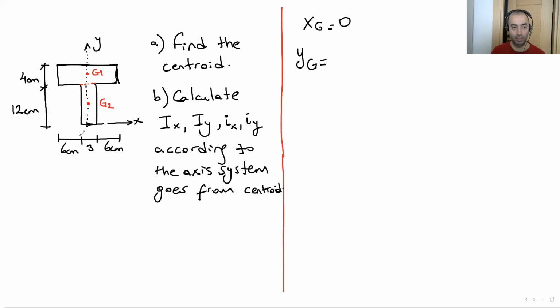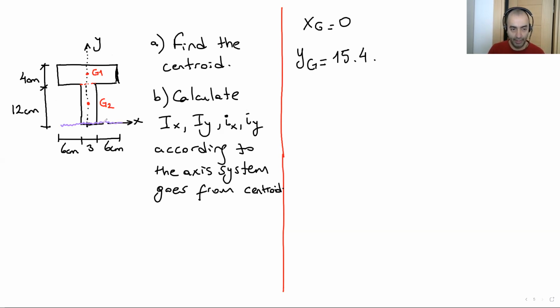Local is coming from these separate rectangles. But at the end, we are going to calculate the centroid of this T section. YG equals area times distance. First, let's write the area. This is 15 times 4, area times distance. Distance is distance to this baseline, because we calculate the YG from this baseline.